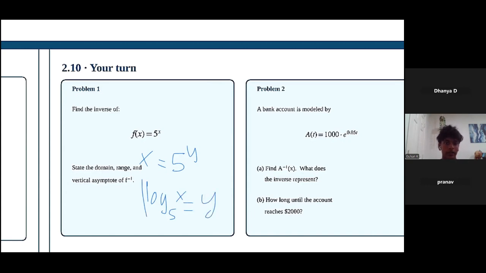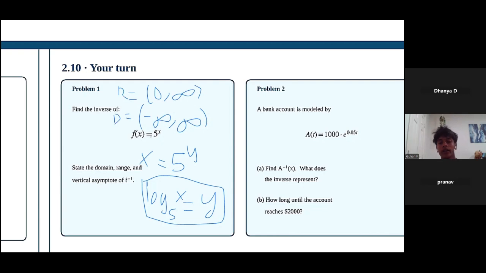Our original domain is negative infinity to infinity, the original range is 0 to infinity, and we have a horizontal asymptote at y equals 0.